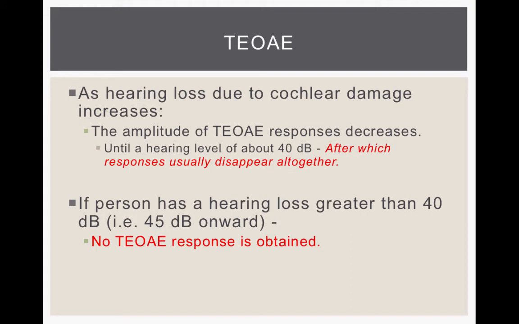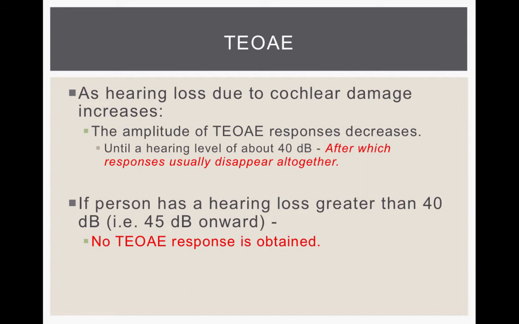As hearing loss due to cochlear damage increases, the amplitude of the TEOAE and all evoked OAEs decreases. So someone who has a threshold at 0 dB might have robust TEOAEs, but as they age and their hearing gets worse and their thresholds go to 10 to 20 to 30, the amplitude or the strength of their TEOAE is going to decrease until it disappears altogether.